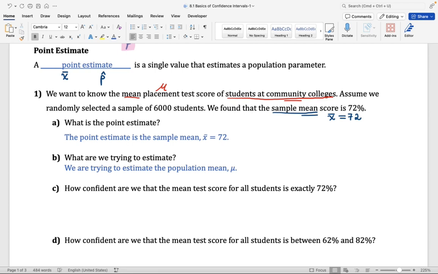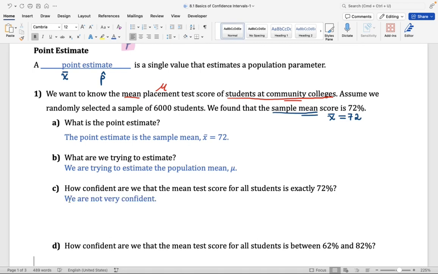We're not very sure that the population mean is exactly 72. Okay? So let's just write, we're not very confident. Let's add that it's possible that the population mean is not exactly 72. Here in part C, we would be trying to estimate the population mean with a point estimate.